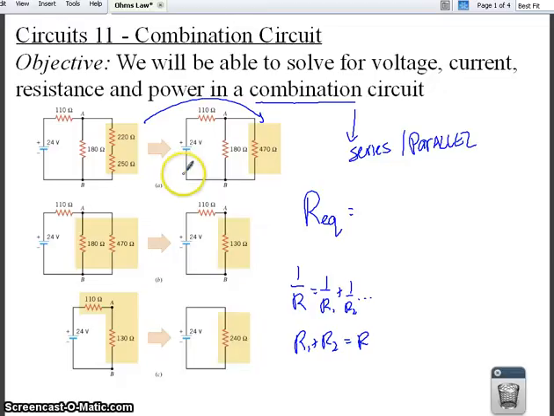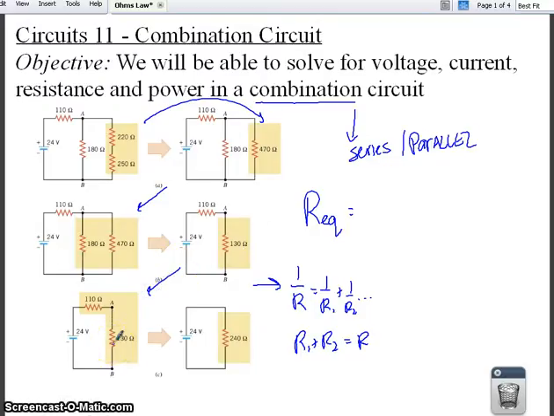Now we're going to take this picture and move it down here. We notice that the 180 and the 470 are in parallel. When we solve using the parallel equation, we find that these two have an equivalent resistance of 130. So we can take this whole thing and write 130. Now we bring this down again and notice that the 110 and the 130 are in series, and in series we add them up.